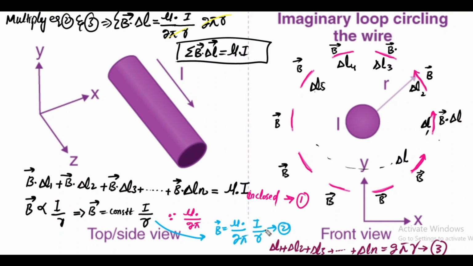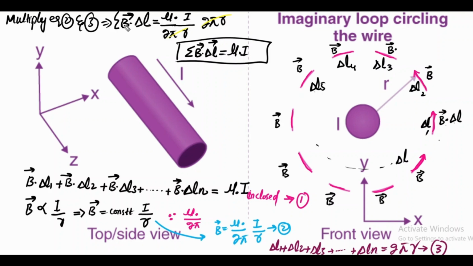So now according to Ampere, if you multiply B dot dl at each and every position, and you sum that, it will give you mu naught I. So we follow the instruction of Ampere, and here we take the dot product of the magnetic induction and del L at each and every part of the Amperian loop, and then we add that.